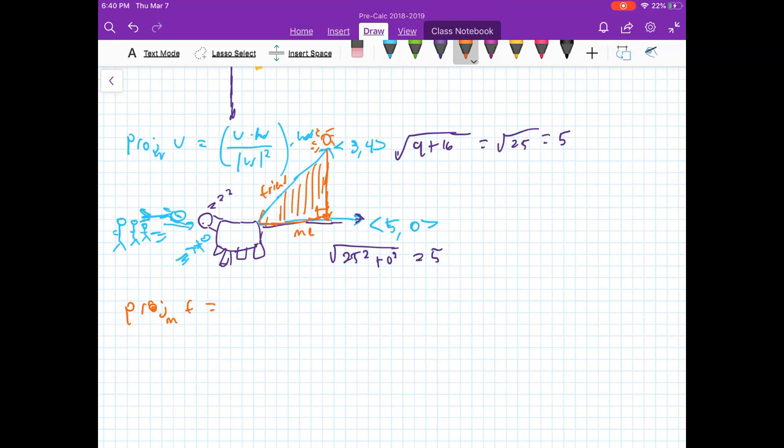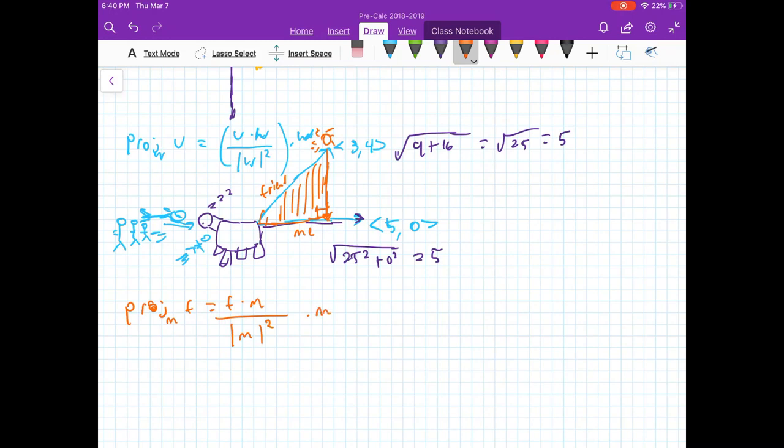So that would equal the dot product of vector friend and vector me over, since we're projecting onto vector me, the magnitude of vector me squared, times vector me.